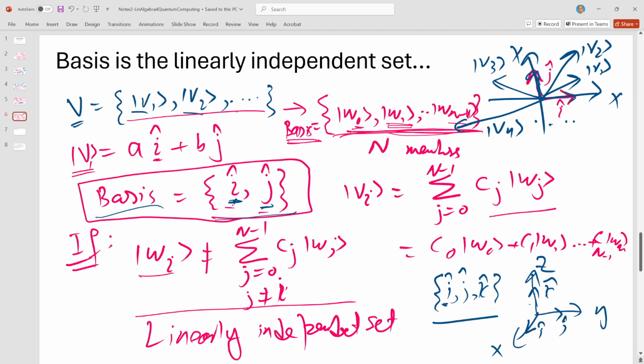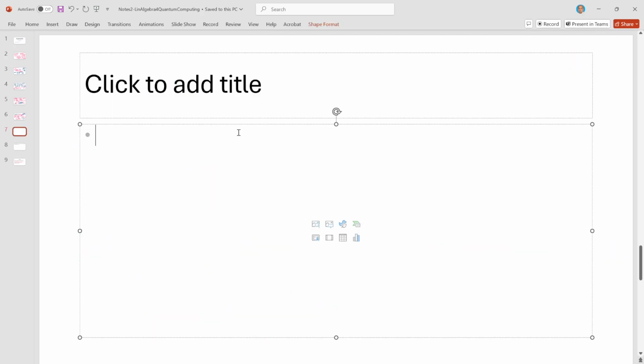Okay, so a basis is a set that has all linearly independent vectors, and linearly independent means you cannot write one in terms of the others in that set. But this example can sometimes give a false impression to students that a basis always has to be orthogonal. That is actually not the case.